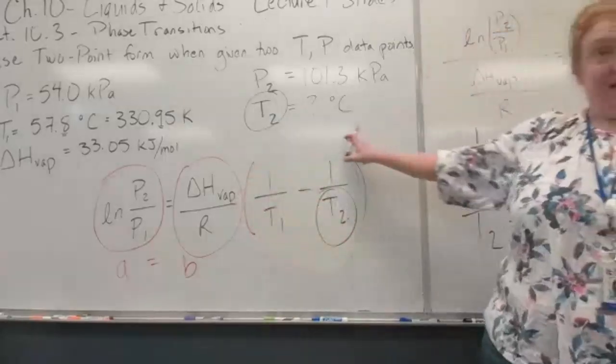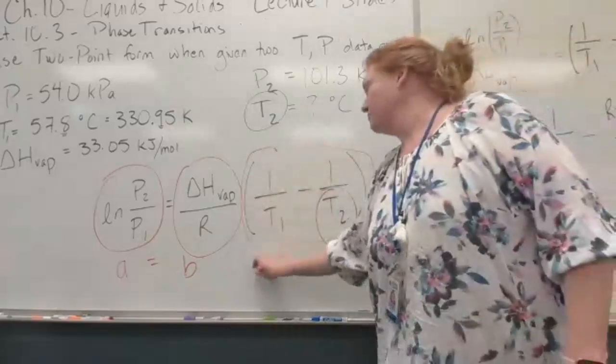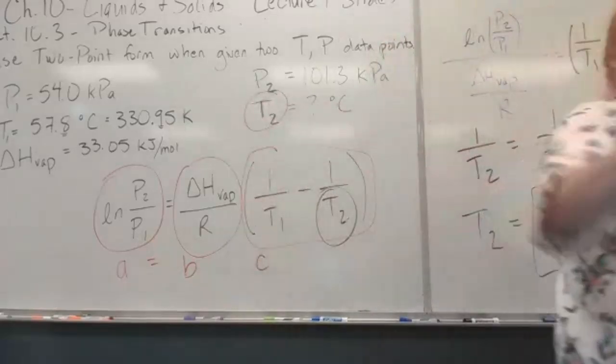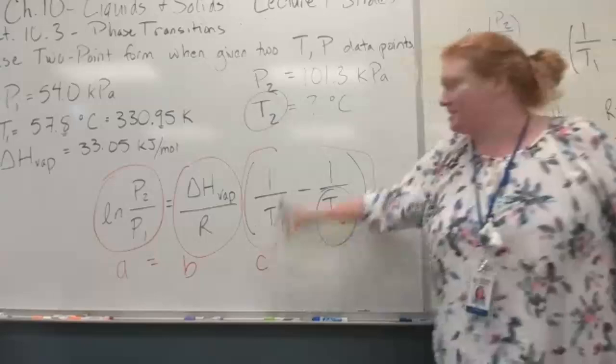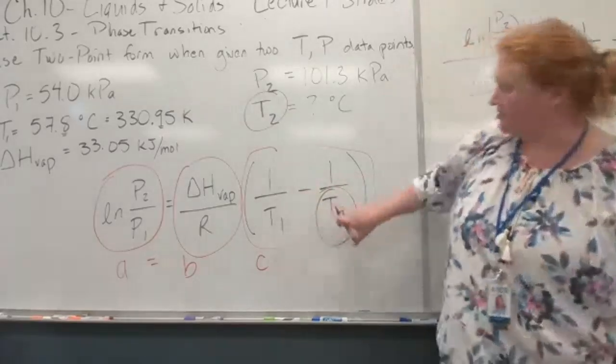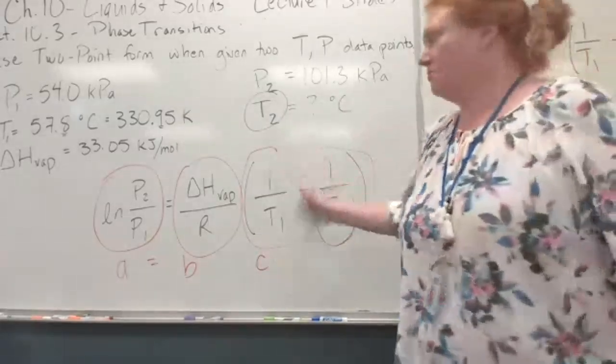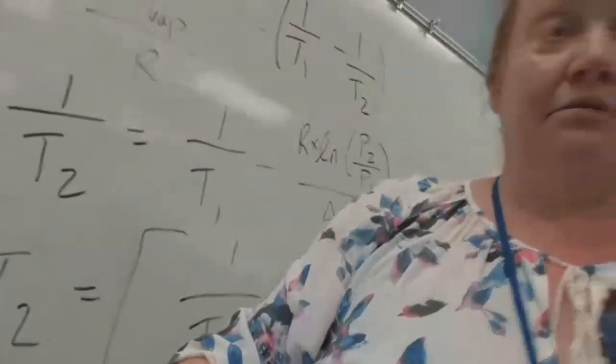And then let's let this whole thing right here be the letter C. Now, try to get C by itself. Why? Because C is where my T2 is at. So let's just isolate C. What do you do to isolate C? Divide both sides by B, right?